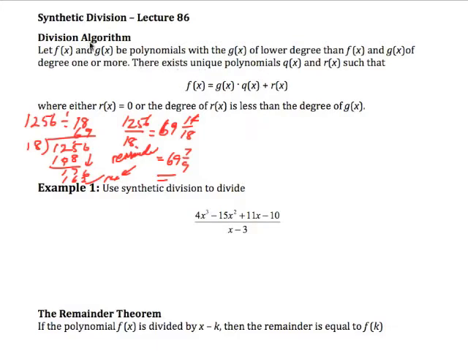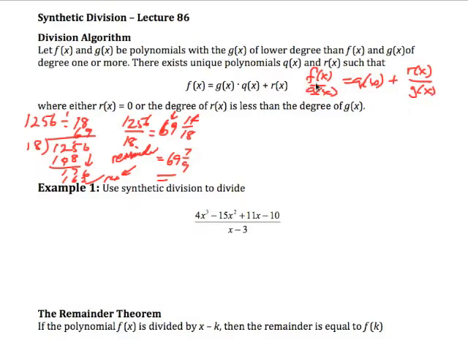Now, how I want you to think about the division algorithm is like this. If I divide f(x) by g(x), I actually get another polynomial, just like I've got another number here, plus a remainder, and that remainder was divided by what we divided by, like so.